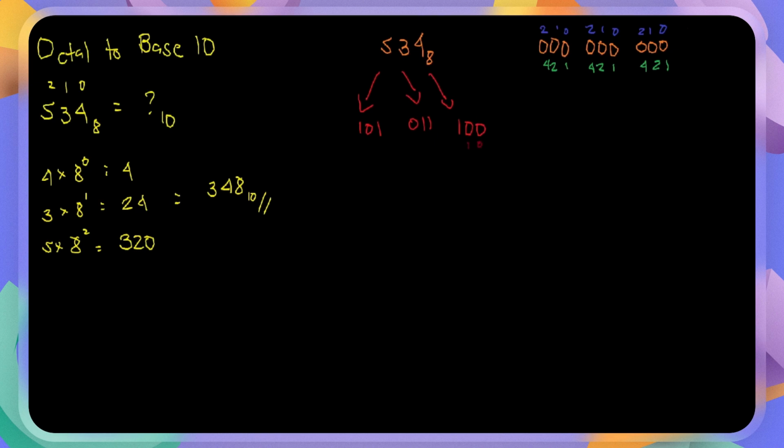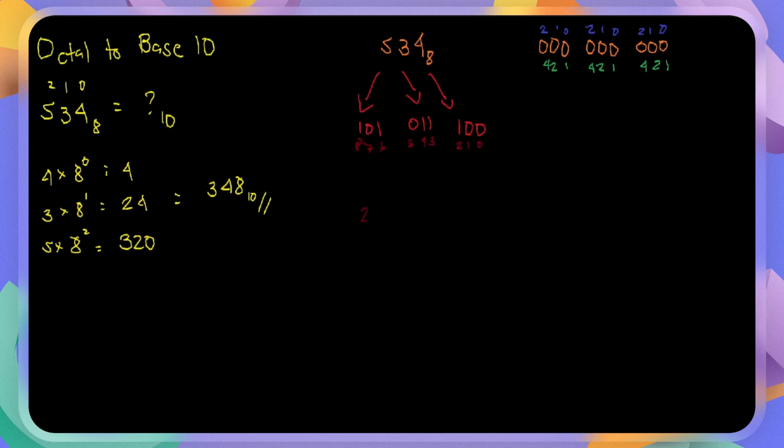Okay, now that we have our binary number here, what we can do now is recall that it goes from 0, 1, 2, 3, 4, 5, 6, 7, and then 8. Using this information, and remembering our powers of 2, we can just add these up together.